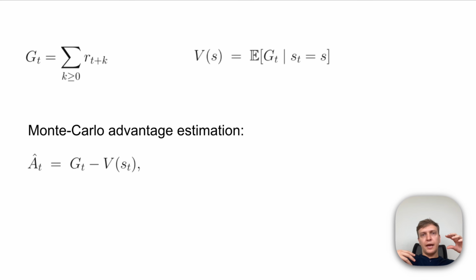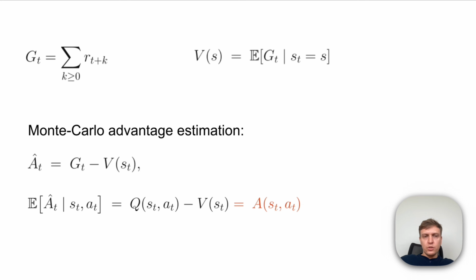So we're comparing the actual return of the particular trajectory in the particular rollout versus the expected return that can happen when we start from the same state. And you can show that this estimation is unbiased. So the expected value of this estimation exactly equals our advantage because it equals Q minus V. And again, this is just the definition of the advantage.